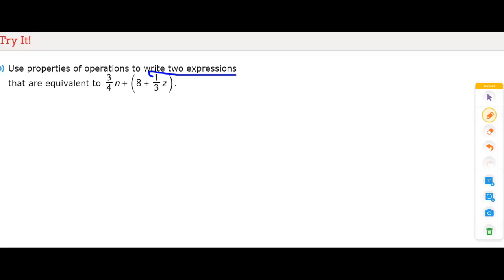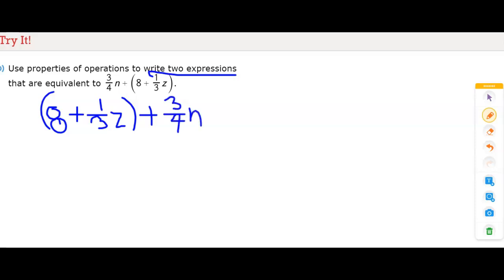The first property of operations we can use is the associative property, where you just change the order of the numbers. So you can do 8 plus 1/3 times z in parentheses plus 3/4 times n. So that's the flip of the original expression.